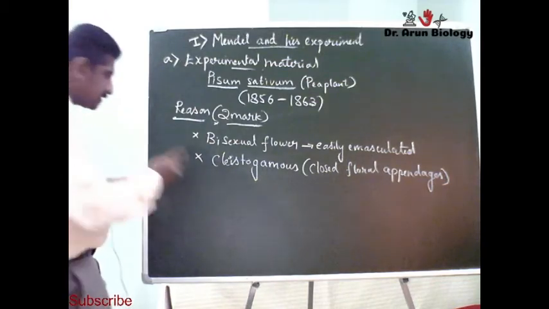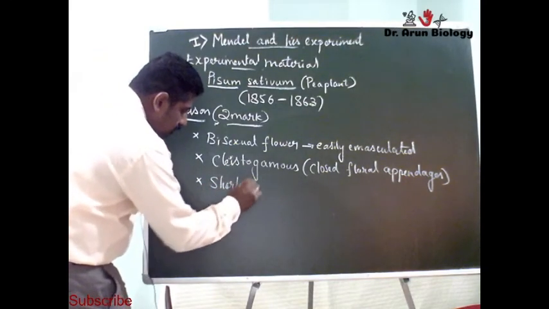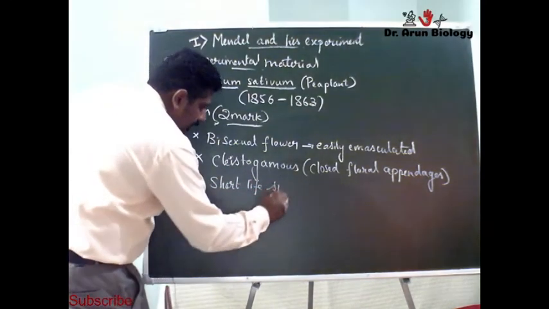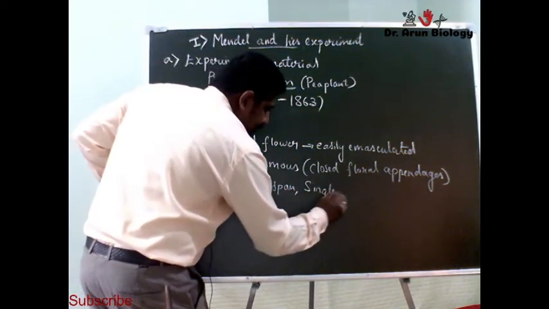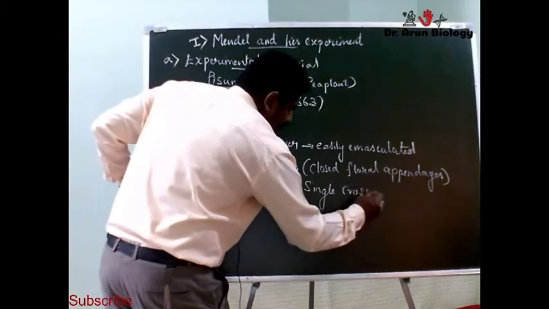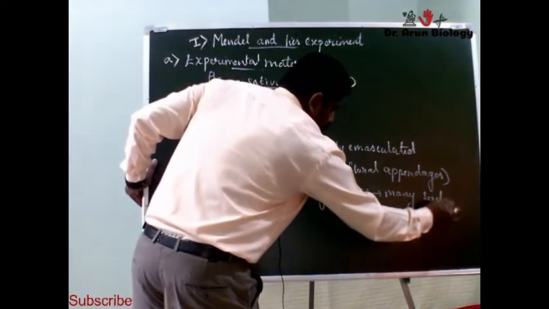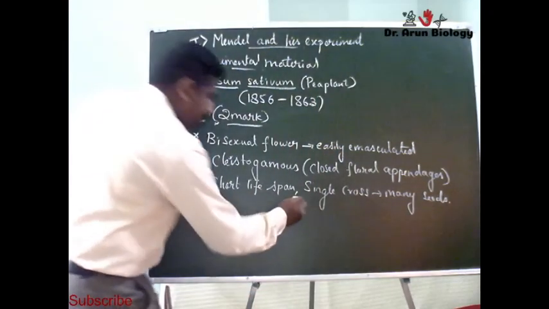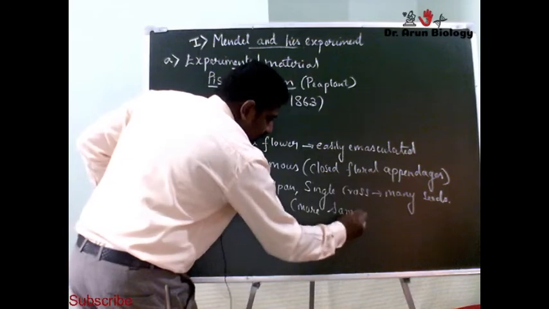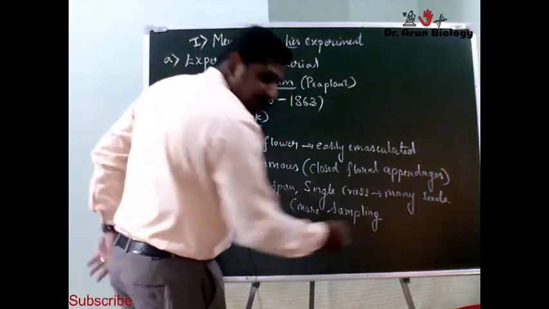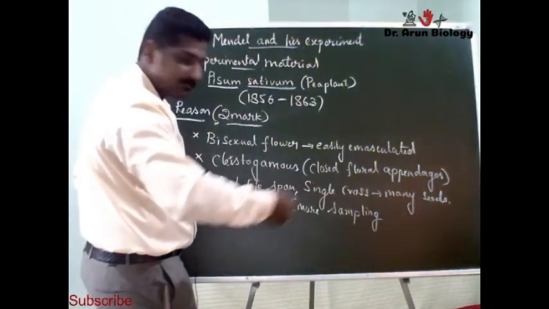The third is short lifespan. Therefore, a single cross can produce many seeds. So the sampling size is larger, because we can have adequate data for analysis, and he used mathematics to explain the concept of biology.